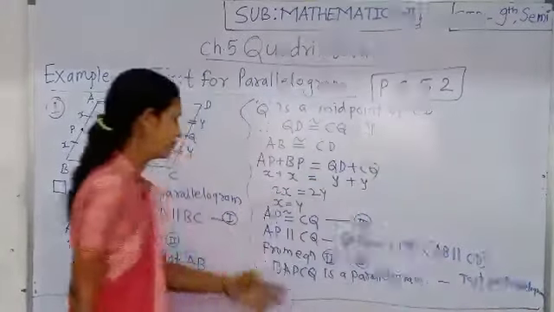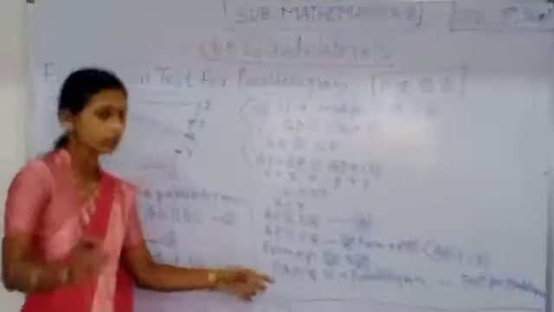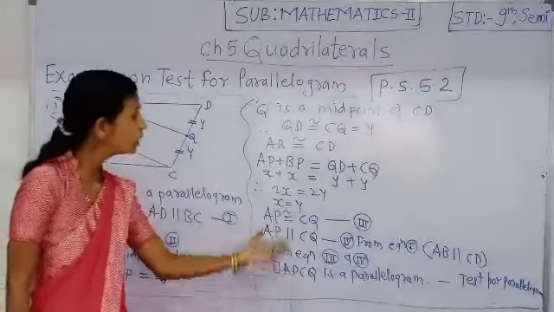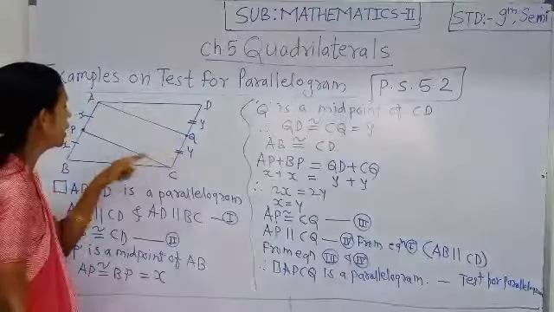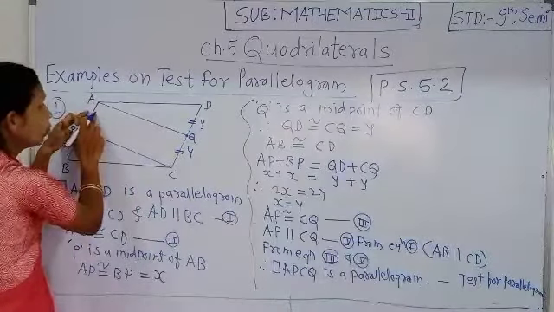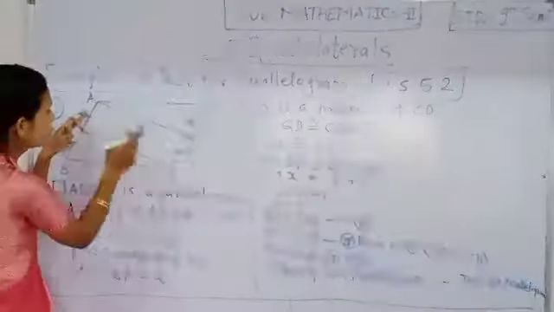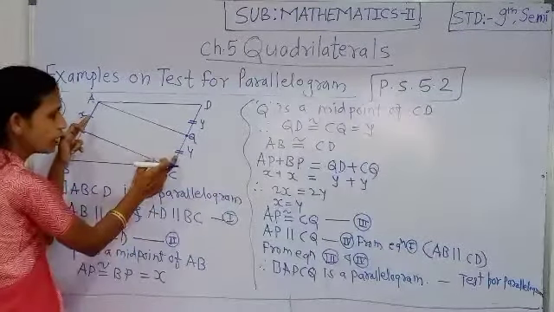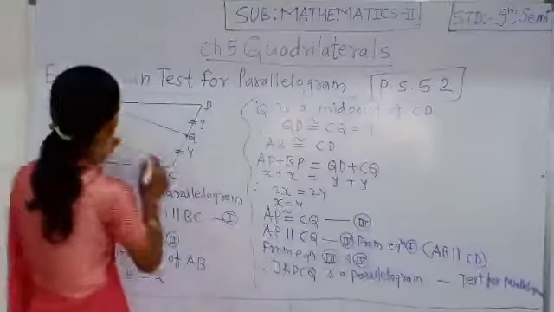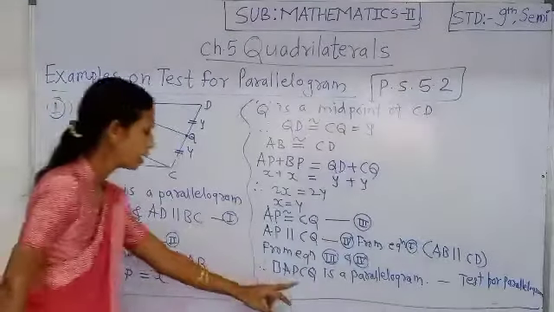That is the property given in the test for parallelogram: if any quadrilateral has one pair of opposite sides congruent as well as parallel to each other, then that quadrilateral is a parallelogram.